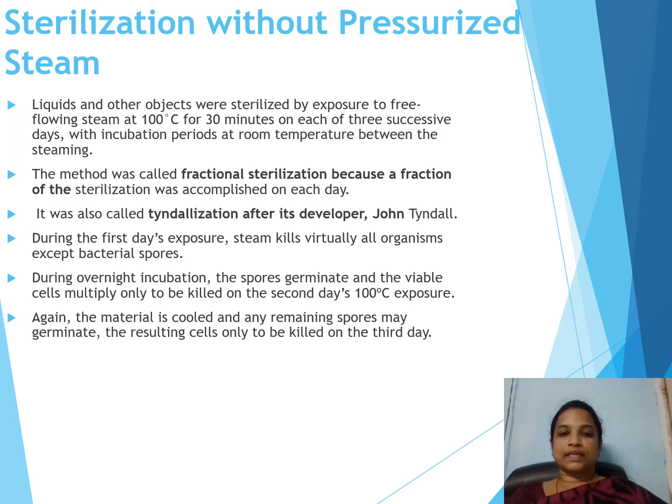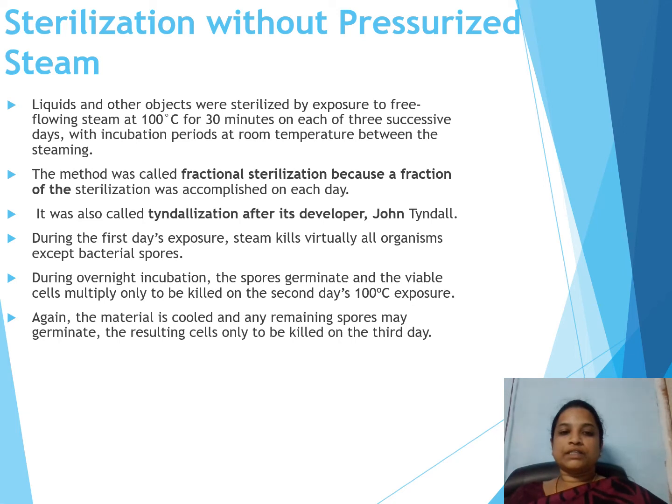During the first day's exposure, the steam kills all the microorganisms except the bacterial spores, and the object is incubated overnight. During this incubation period, the spores germinate and the viable cells multiply, and these viable cells will be killed on the second day when they are exposed to 100 degrees Celsius.